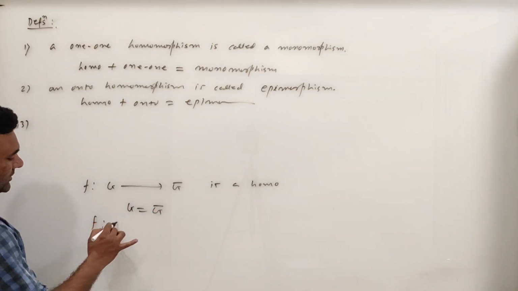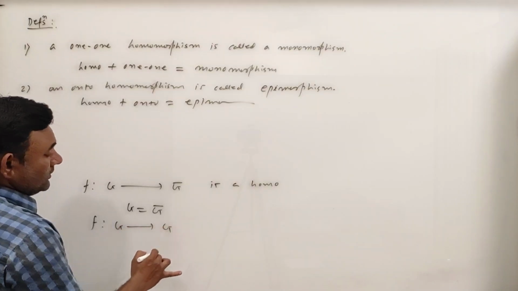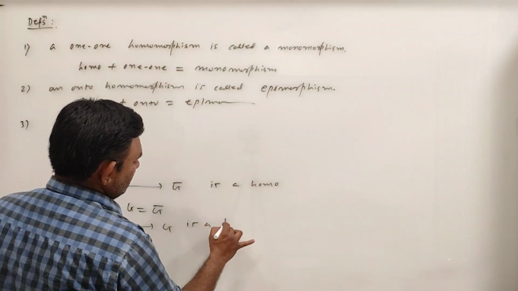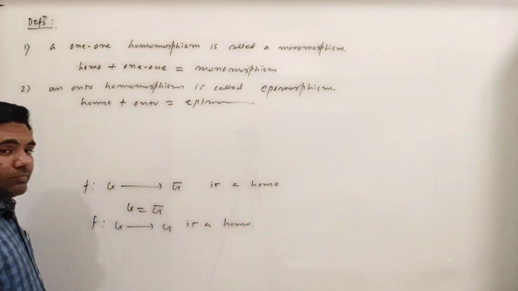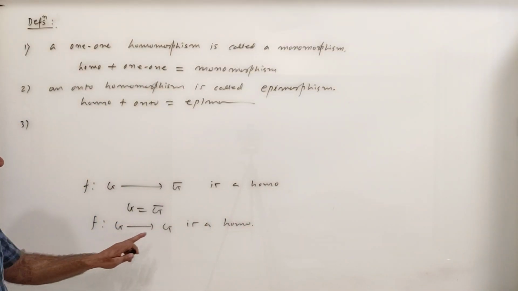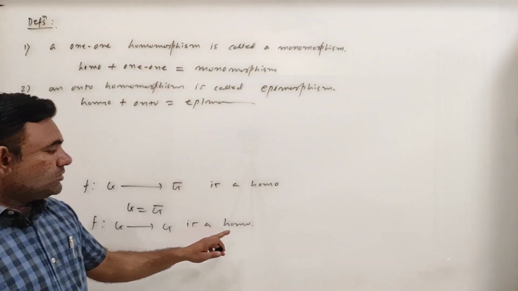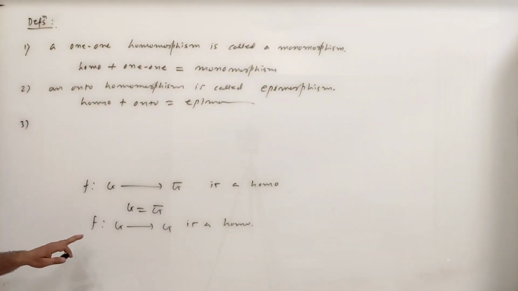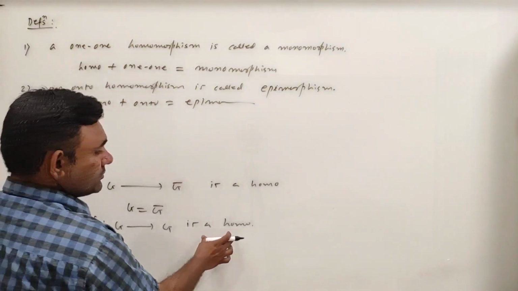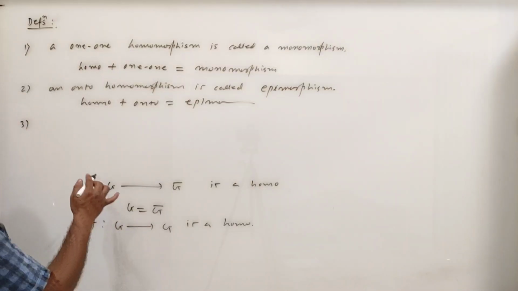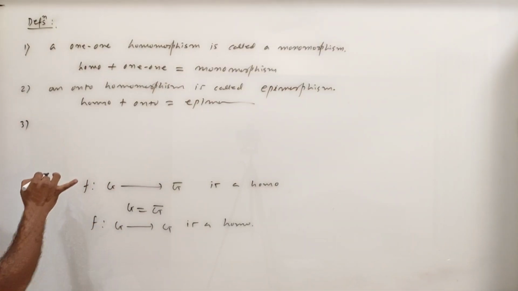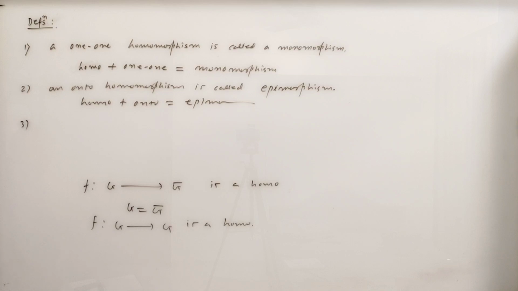That is, suppose F is a mapping from G to G that is a homomorphism. Domain and codomain both are the same. So in that case I will say this homomorphism is called endomorphism. So what is endomorphism? A homomorphism from a group to itself.